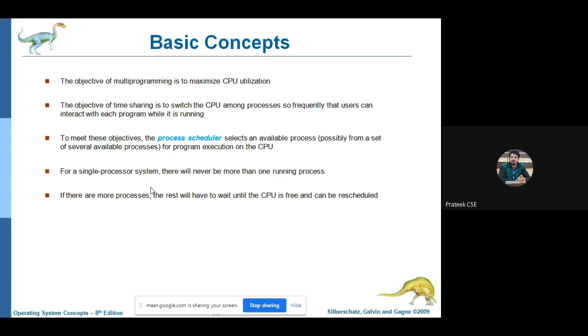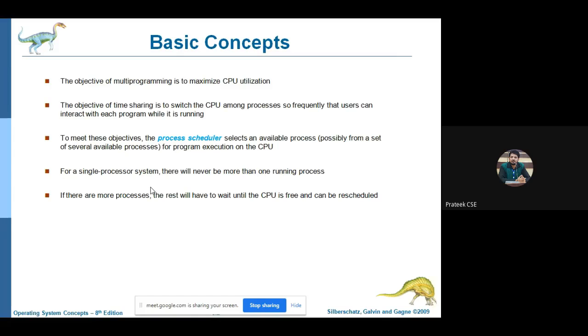This is the basic purpose of any process scheduler: to pick any one process from the RAM and assign the CPU to that particular process so that it may execute. In a multitasking or multi-programming system, we may have more than one process in the ready state in the random access memory, waiting for their turn.